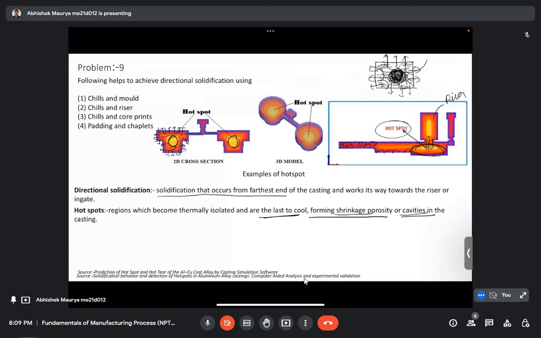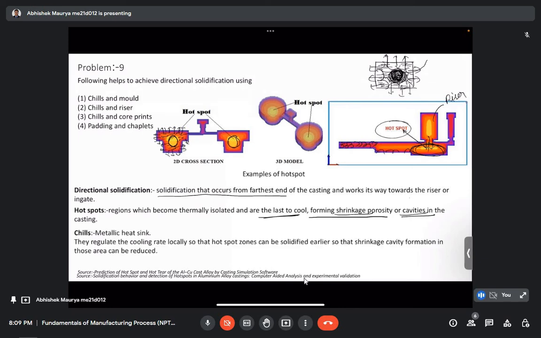If we make the riser just above the hotspot, then when shrinkage starts happening at the end of the solidification process in the hotspot region, the riser will be able to supply molten metal to the hotspot region, and by doing this we can avoid the shrinkage cavity, porosity, or hot tearing in the casting. So this helps to achieve directional solidification.